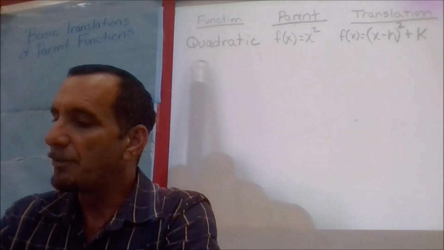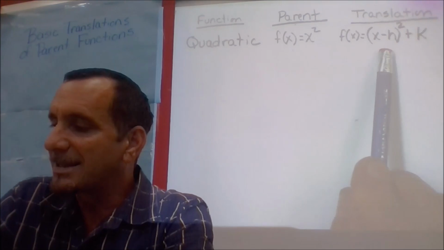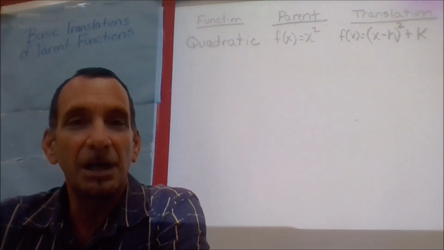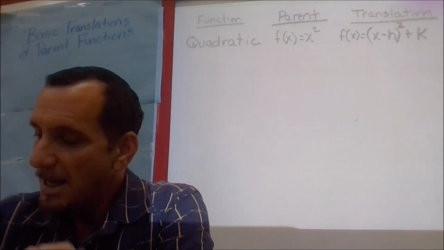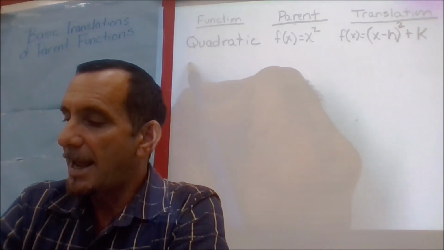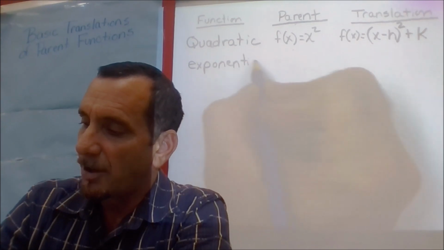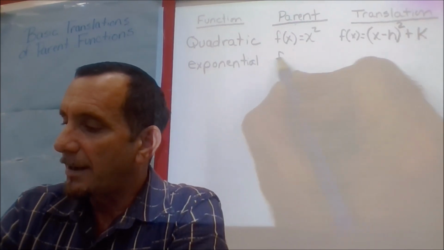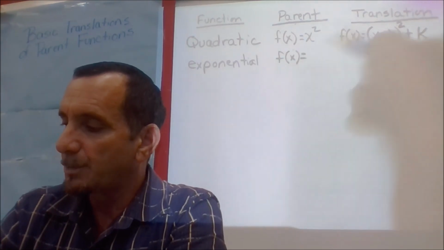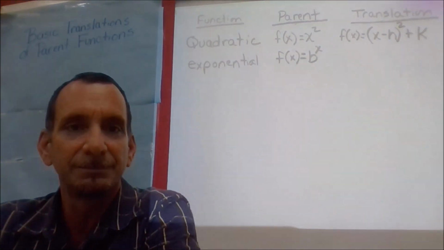Now, we recognize the parent function of a quadratic function and the basic translation of the function, and now we're going to look at that for some other functions. So the next one that I'm going to look at is an exponential function. We've got a basic exponential function with a variable in the exponent, and that's some base raised to the x.